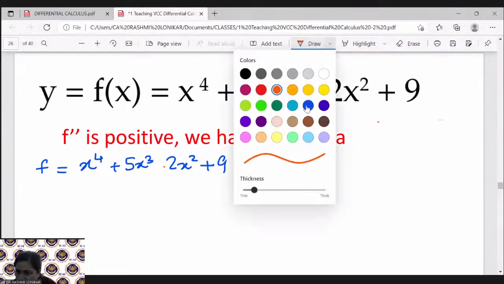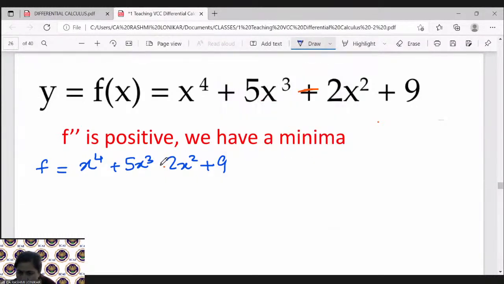So this is minus. Okay, x raised to 4 plus 5x cube minus 2x square plus 9. So what will be f dash? 4x cube plus 15x square minus 4x plus 0, because the derivative of 9 is 0.